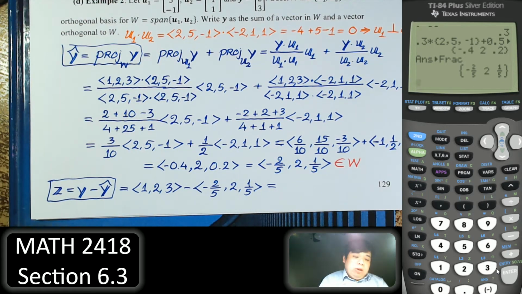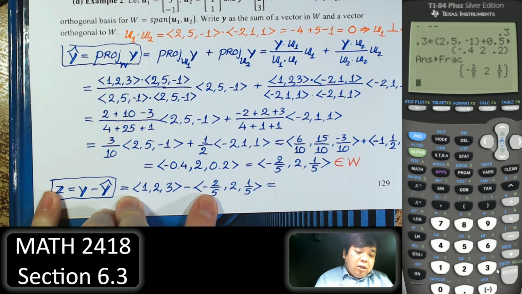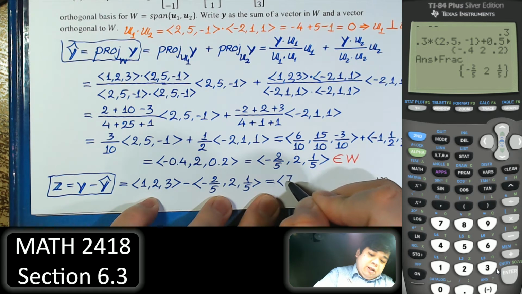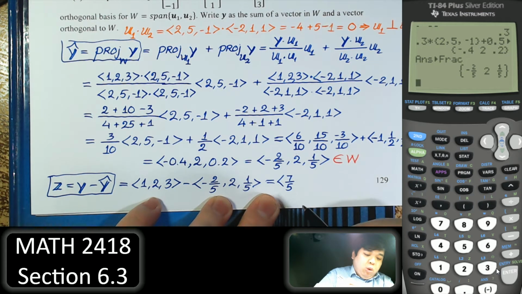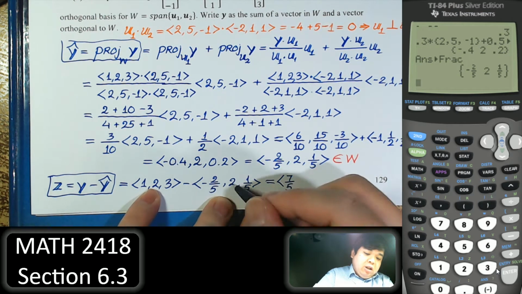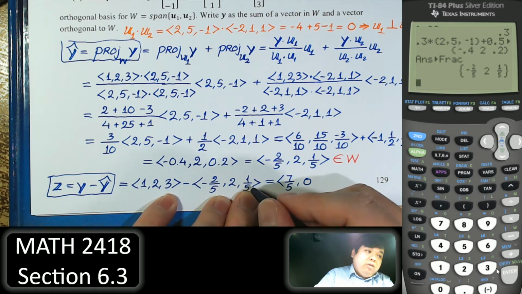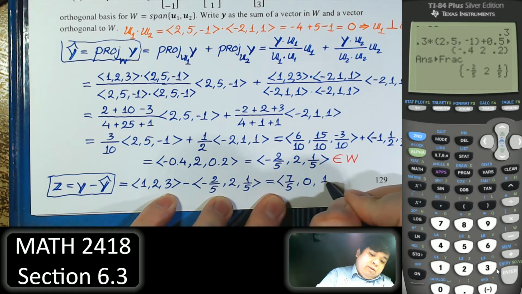So we end up with 1 minus that, so 1 and 2/5, that's 7/5, 1.4 if you will. 2 minus 2, that's 0, and 3 minus 1/5, so 15/5 minus 1/5, that's 14/5.